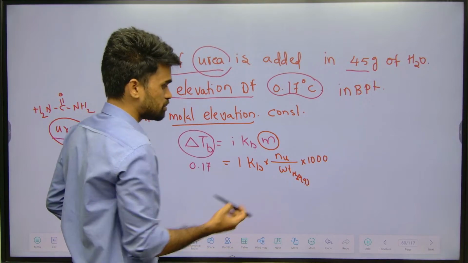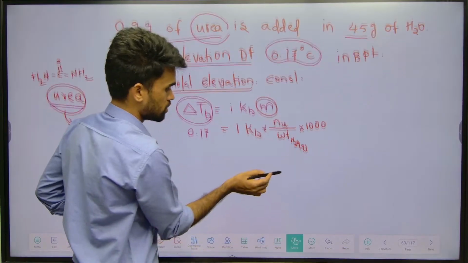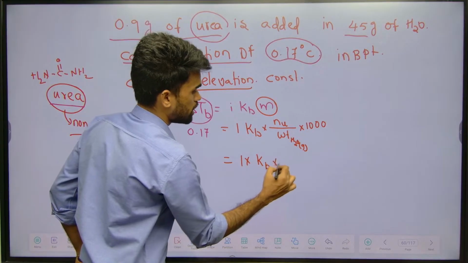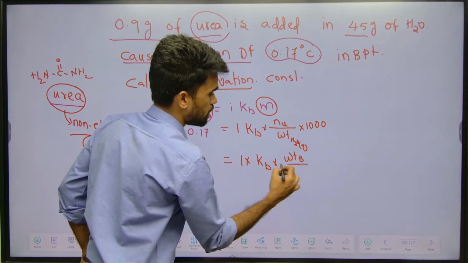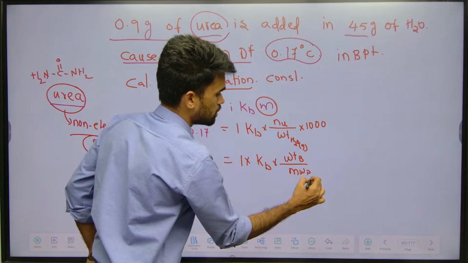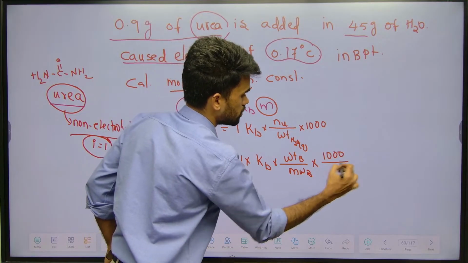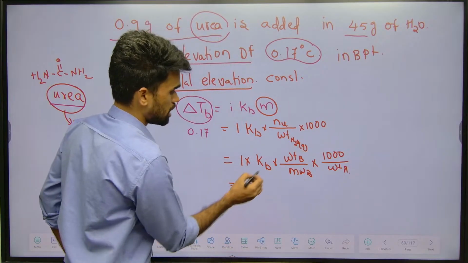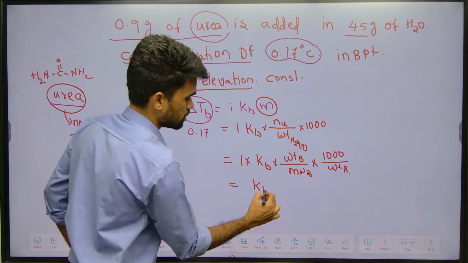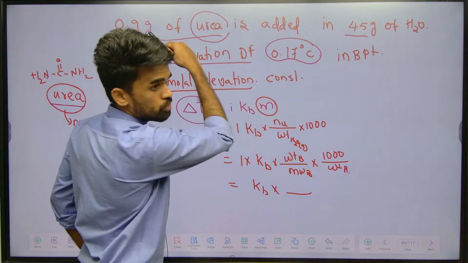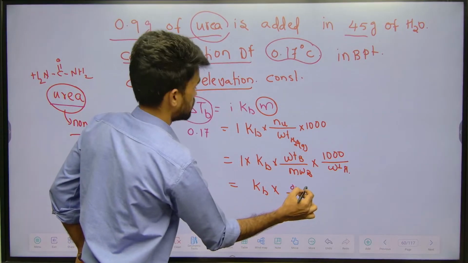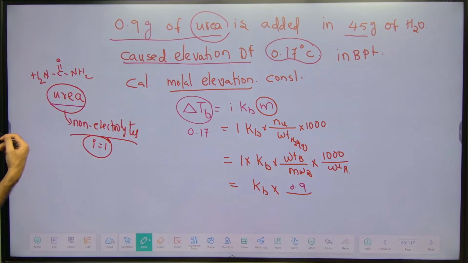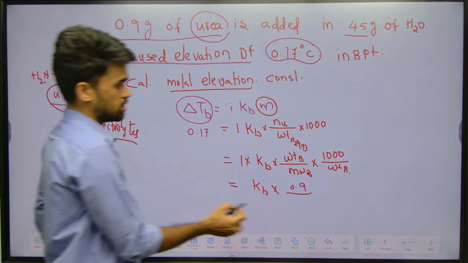So number of moles, what can I write again? Given weight of solute by molar mass of solute into 1000 by weight of solvent. Okay? So tell me what are the values they mentioned? Weight of solute how much? 0.9. Molecular weight of urea? 60.